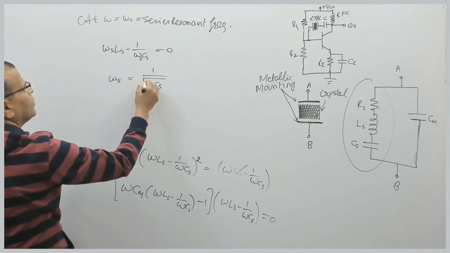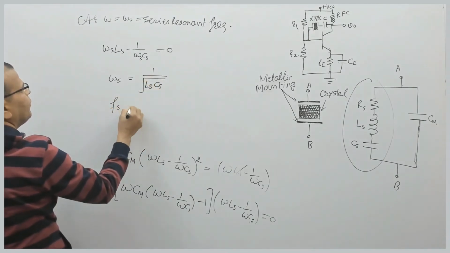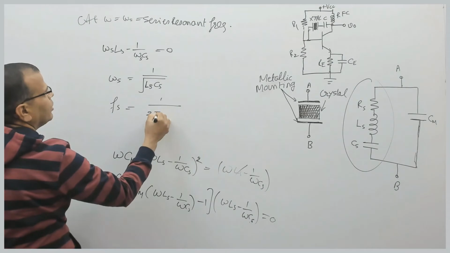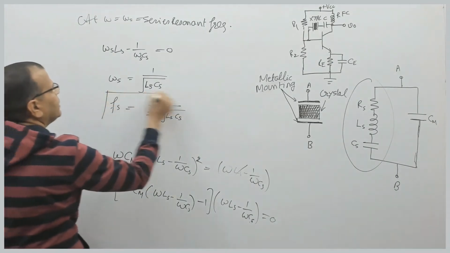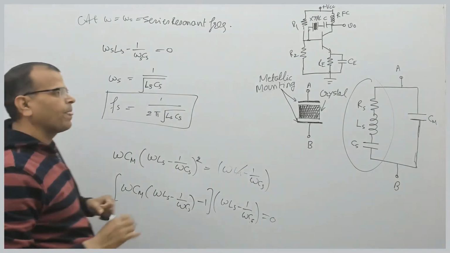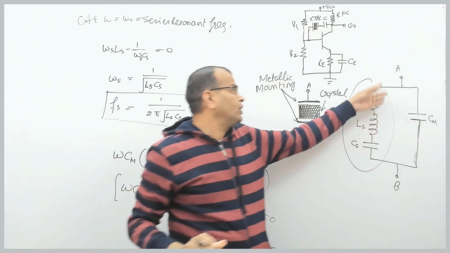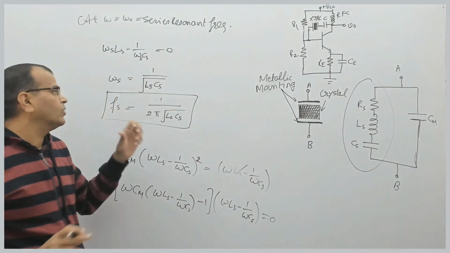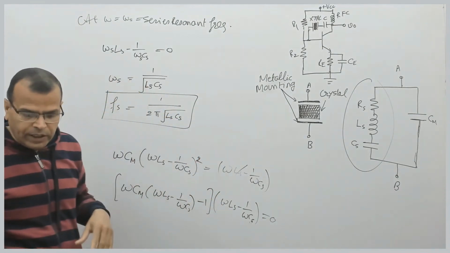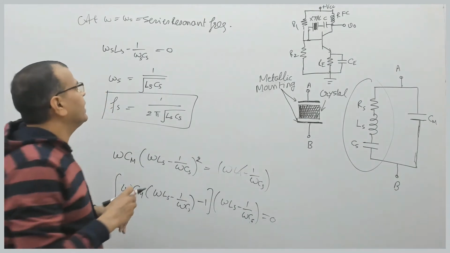That is the frequency at which this part of the circuit, that is the series RLC branch, is in resonance. So that frequency is called the series resonant frequency.